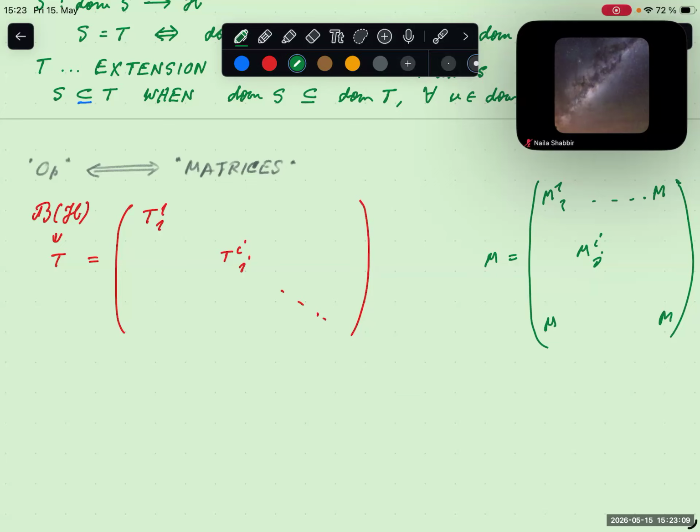Let's call it an n by m matrix, with first row, and let's put column m, and this is n, and so on.